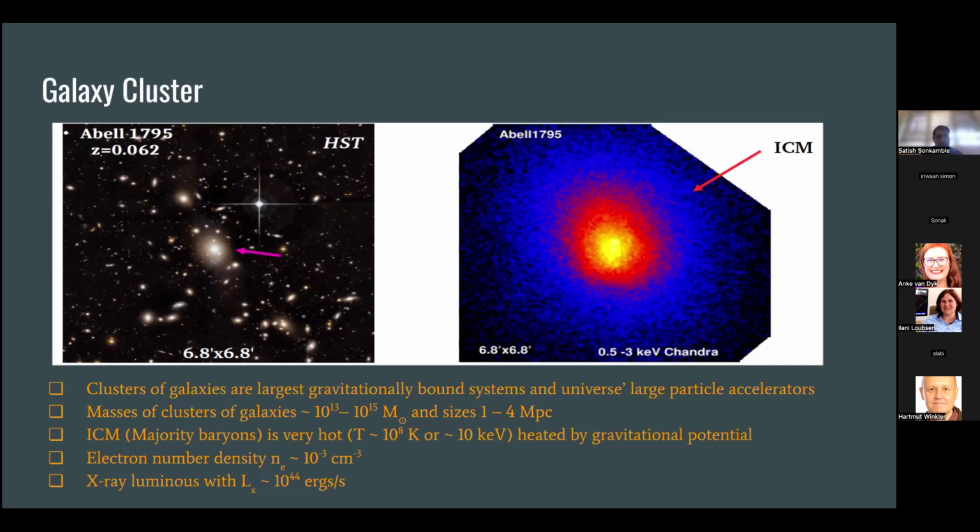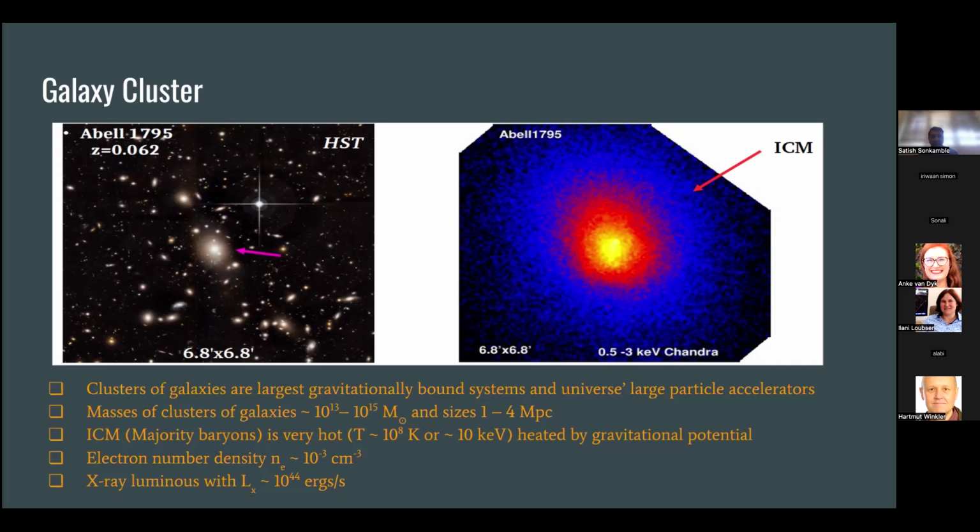If you look at the same cluster in X-ray with the same field of view, you will see hot X-ray emitting gas through Bremsstrahlung radiation, a hot diffuse gas with a temperature of 10 to the power 8 Kelvin. That hot diffuse gas is called the intracluster medium, and about 90% of the baryons are in the intracluster medium.